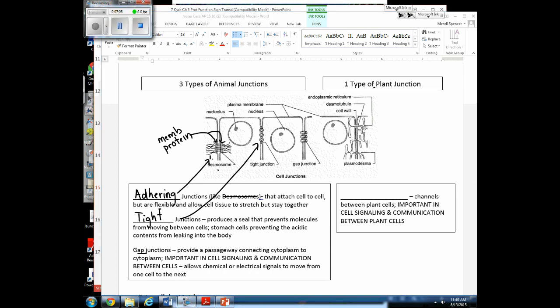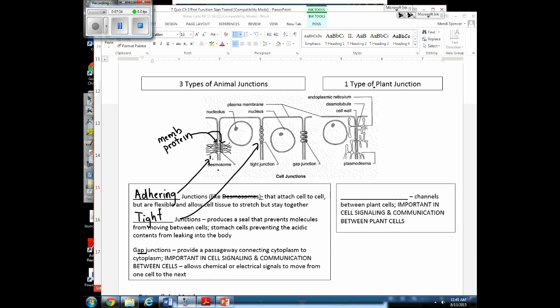So think of your skin cells. They have adhering junctions that bind one skin cell to its neighboring skin cells. These cells need to be bound together to form a barrier between you and the outside elements, but your skin also has to be flexible. So these adhering junctions allow some flexibility. So this tissue can stretch, but it's not going to break apart.